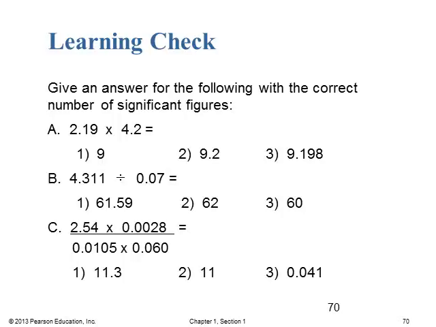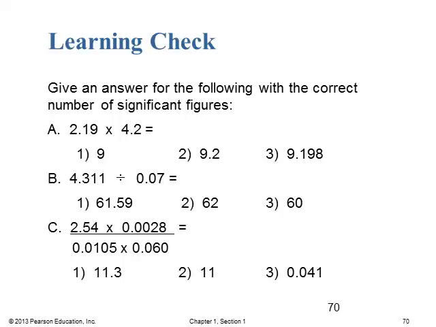All right, if we have 2.19 times 4.2, we can plug that into our calculator, and we would get an answer of 9.198. And so then we have to look at where we can round off, and how many significant figures we are allowed to report.